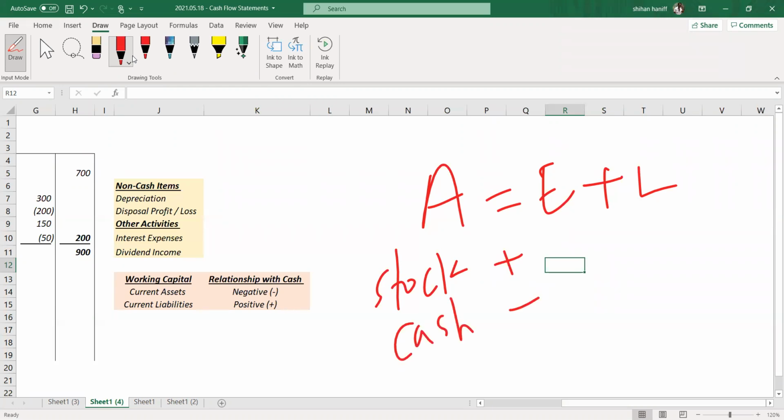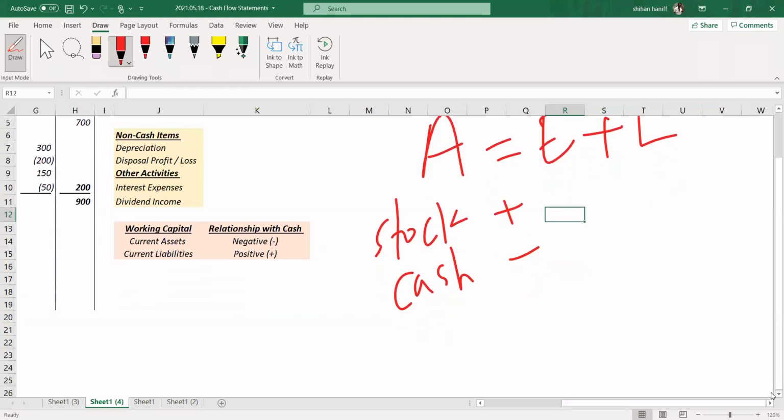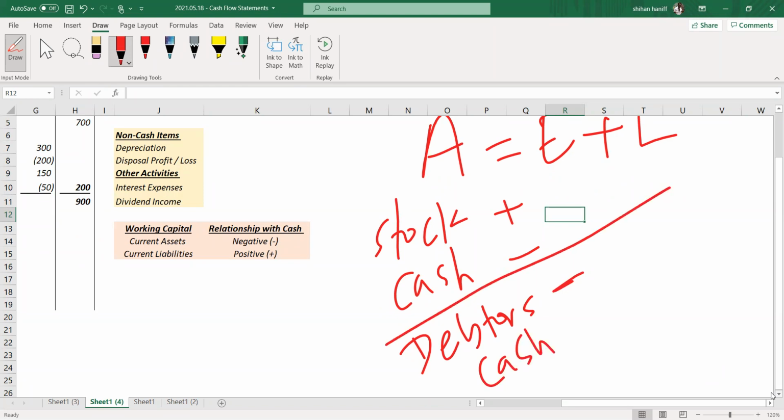Cash will decrease. So negative relationship. Right? If the debtors decrease, then what happened to the cash? If the debtors decrease means cash increase. So see, asset is having a negative relationship with the cash.